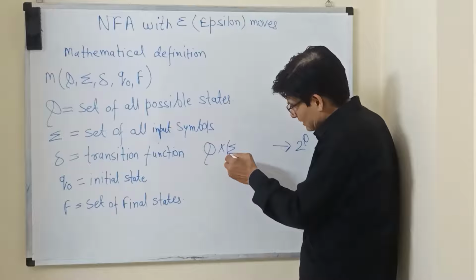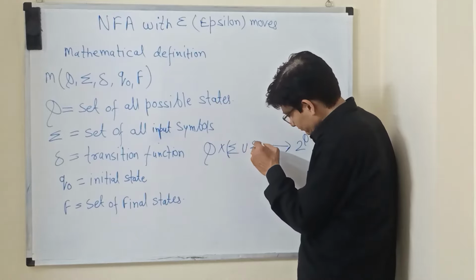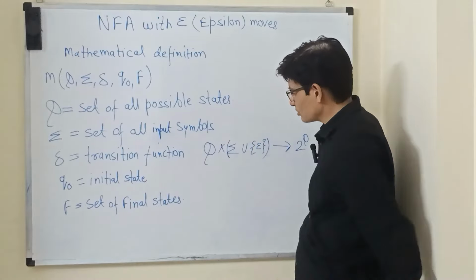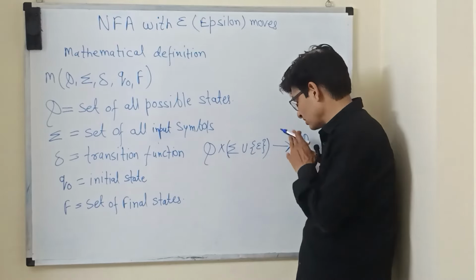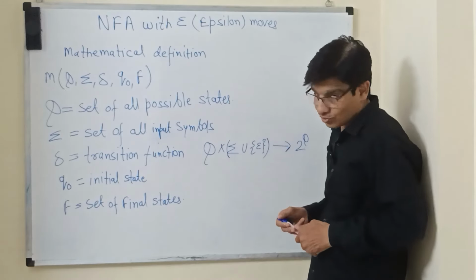So we can consider this as Sigma union epsilon, like this. So this is the transition function of an NFA with epsilon move.